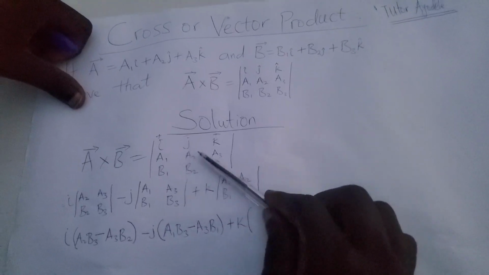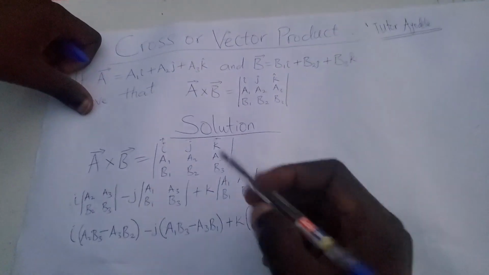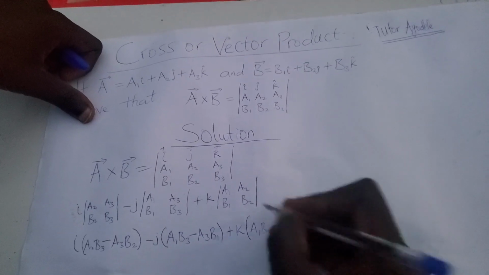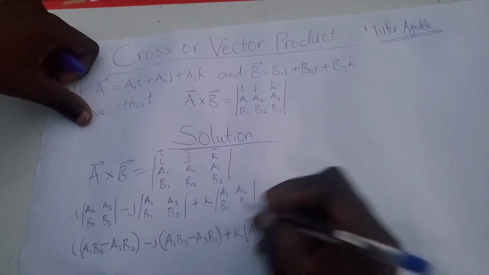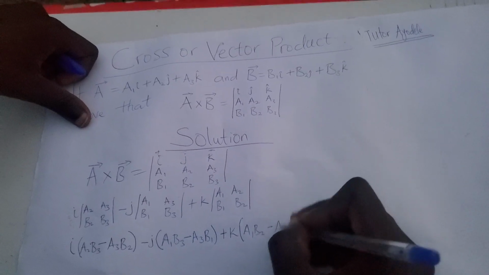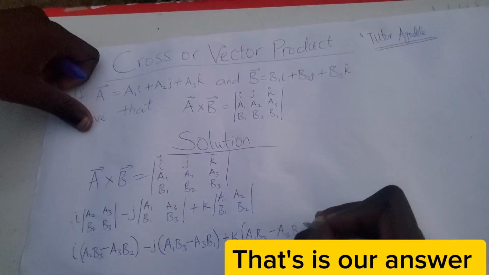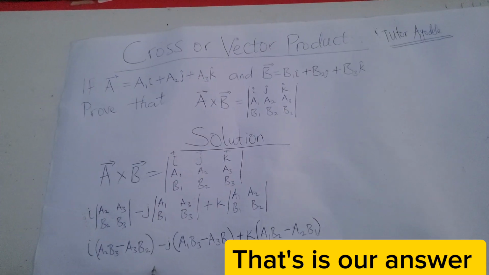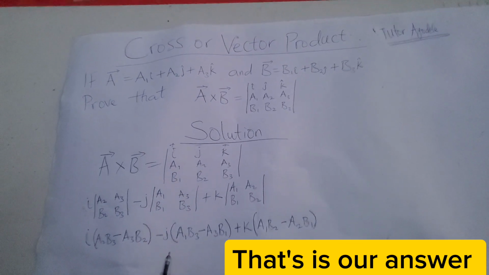This is major, this is minor. The major is A1 B2 minus this minor, A2 times B1, A2 B1. Close the brackets. So this is for our cross products.